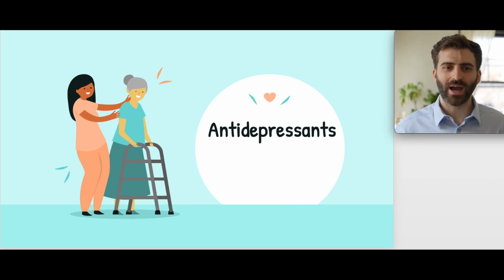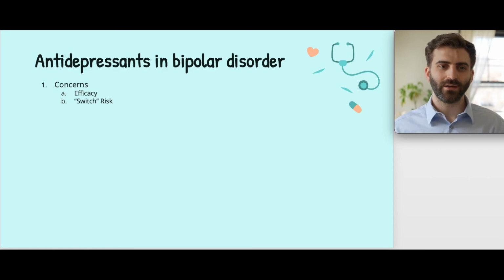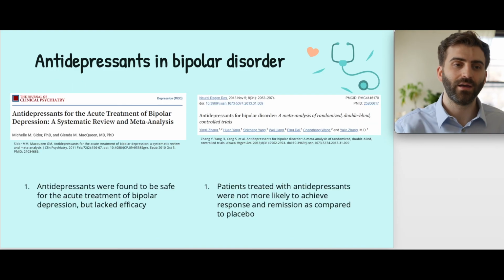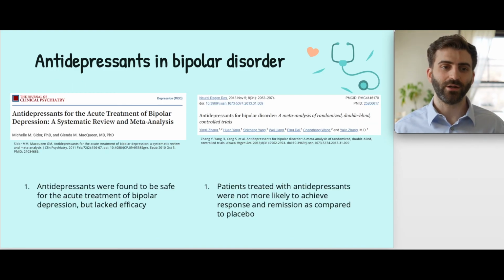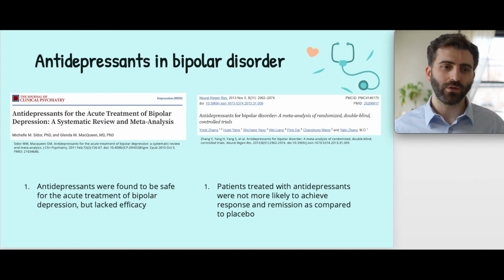Next, a few things to highlight about the antidepressants. So the first thing about antidepressants in bipolar disorder are the efficacy. Do they work? And do they switch the patient, meaning switch them from bipolar depression into bipolar mania? So let's look at a little bit of evidence here. So I looked at 2 meta-analyses, which are a grouping of a bunch of different studies into a single study. And what both of these showed was that antidepressants are safe, but they're really not helpful.